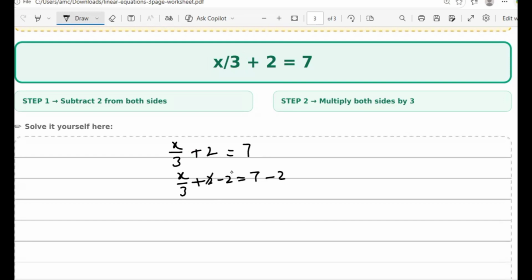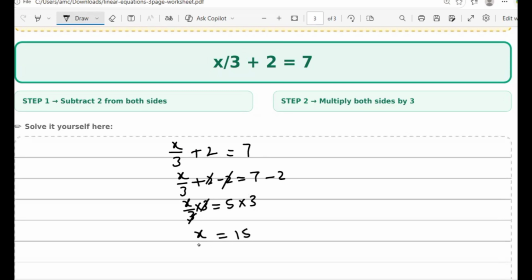So this 2 is cancelled out with this 2. So we have x over 3 is equal to 7 minus 2, which is 5. Now to remove this 3, we multiply both sides by 3. This 3 is cancelled out with this 3. So we have x is equal to 5 times 3, which is 15.